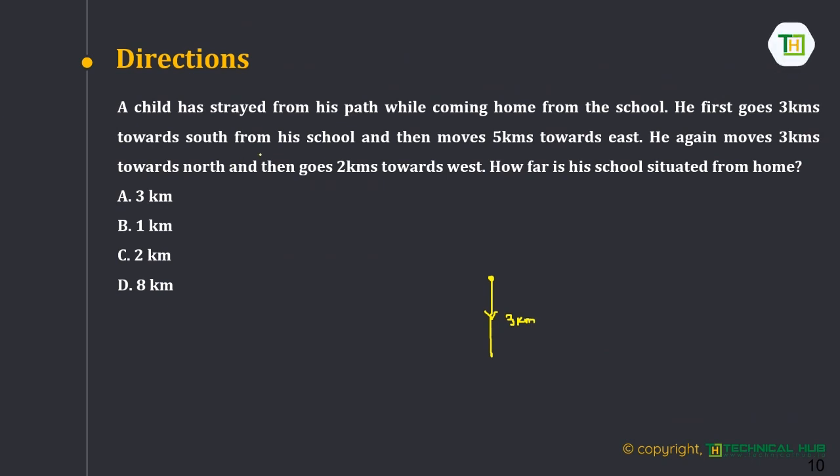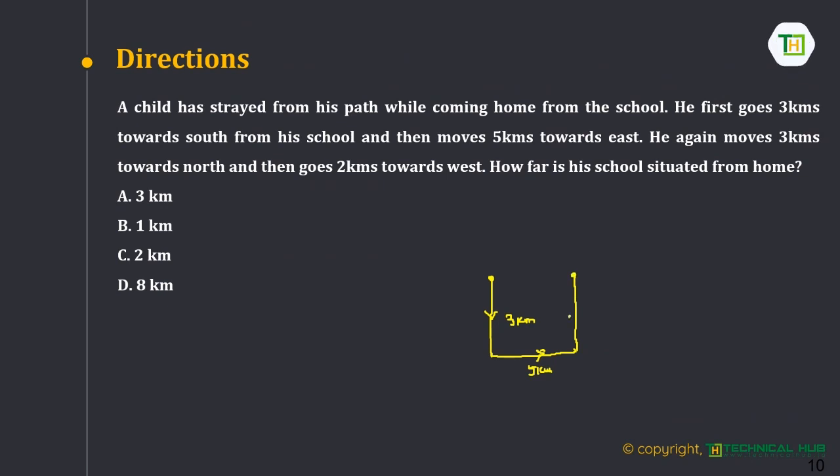From the school, then he moves 5 km towards east. So this is the 5 km towards east. He again moves 3 km towards north. So this is the position, 3 km towards north.